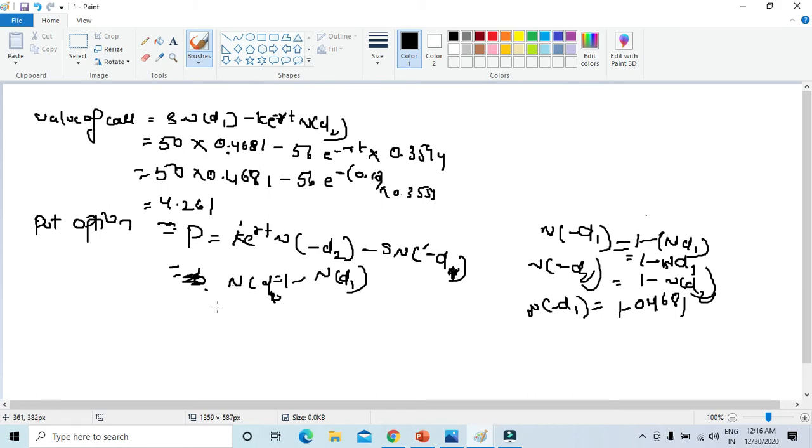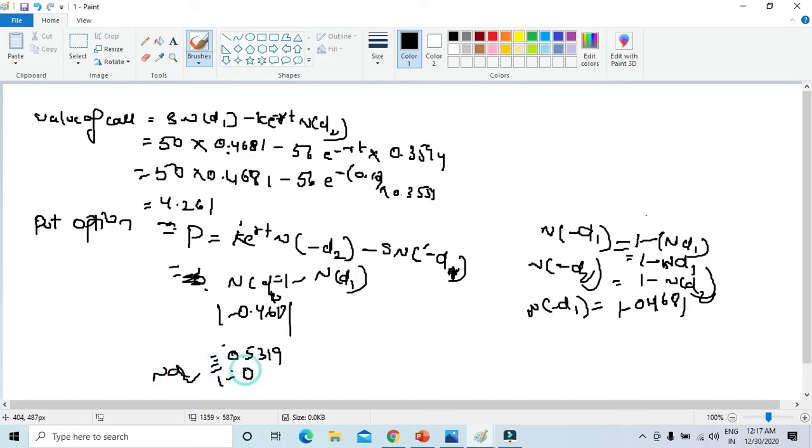So it will come to 1 minus 0.4681. It came to around 1 minus 0.46. It will be 0.5319.